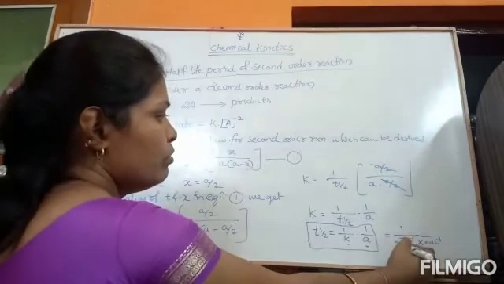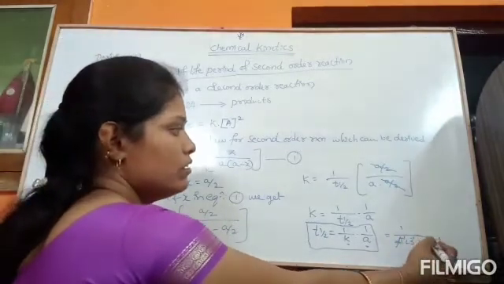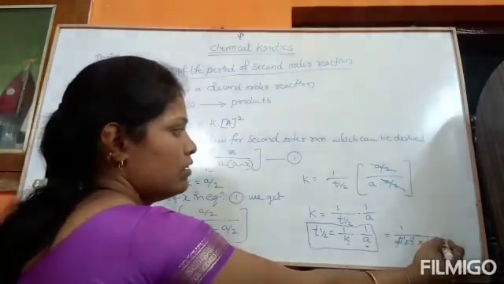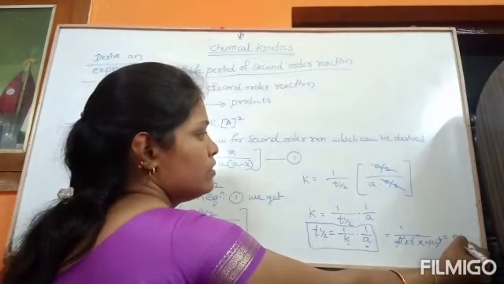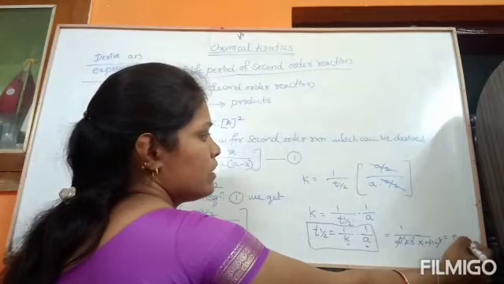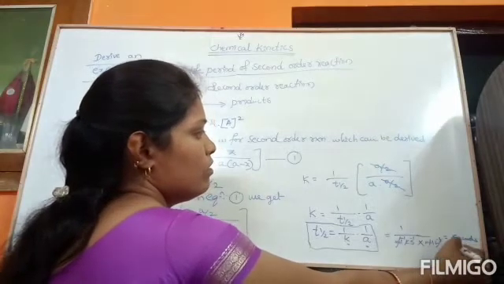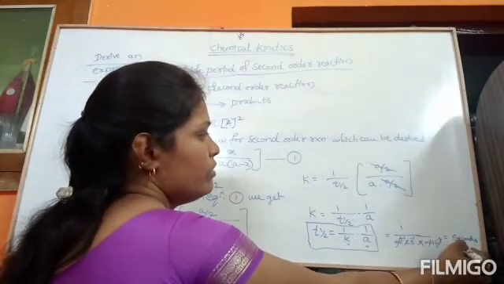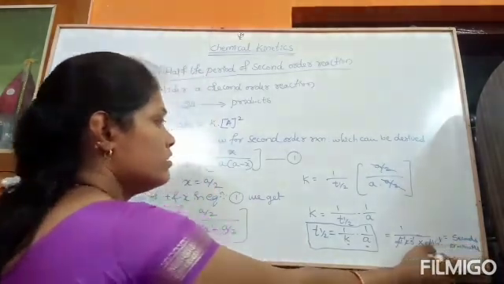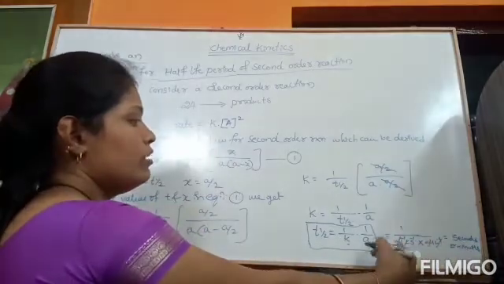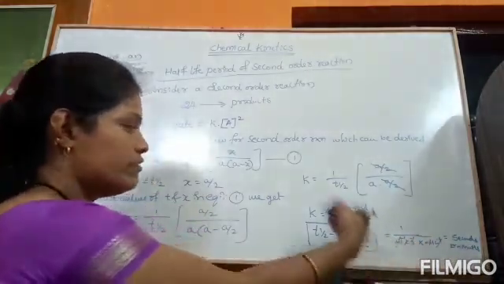Here both get cancelled. What remains is seconds, or minutes also. This is the unit of half-life period.